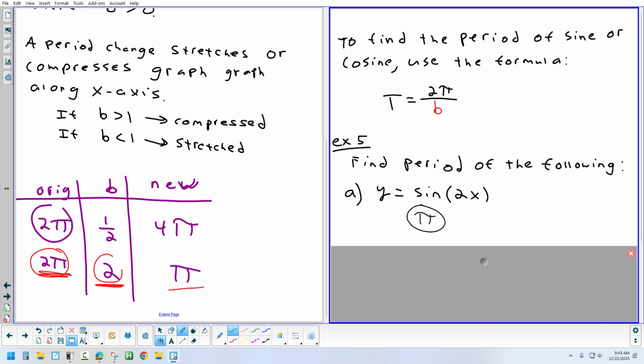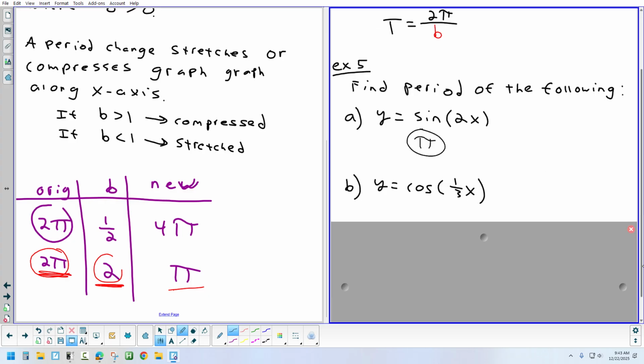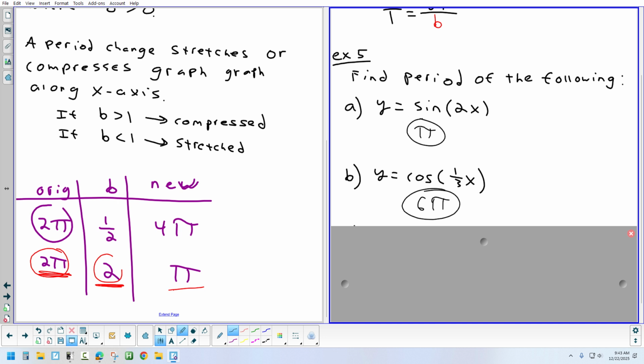How about cosine 1/3 x? What would be the new period there? Yeah. 6 pi. 1/3 is going to cause the graph to stretch 3 times as much. So if the original period was 2 pi, 2 pi divided by 1/3 stretches it 3 times as much.